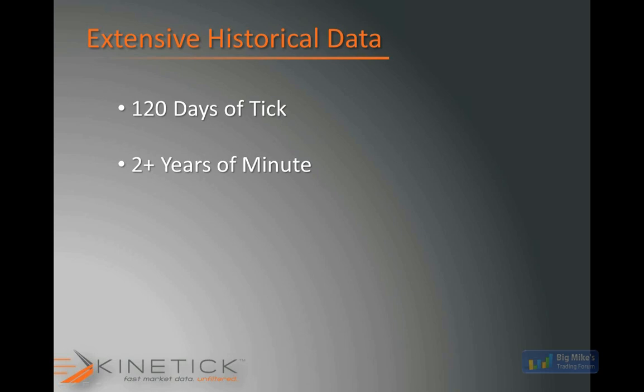And this also applies to minute data. There's at a minimum 2 years' worth of minute data, but for commonly traded exchanges, there's far more. This is just a baseline, but for things like the E-mini S&P, you have up to 5 years. And I believe, last checking with the E-mini S&P, there's about 7 years' worth of minute data for your generation of minute charts within NinjaTrader, and also 10 years' worth of daily data.